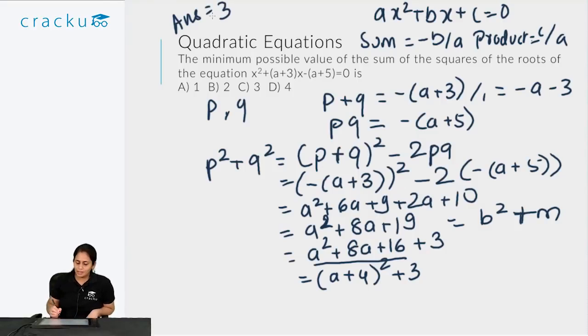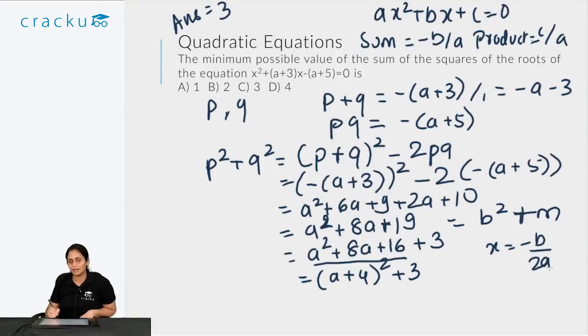Now as I said, we could also calculate it by using the quadratic equation. So the quadratic expression is a square plus 8a plus 19. For a quadratic of the form ax square plus bx plus c, if a is positive, then the minimum value occurs at x equal to minus b by 2a.